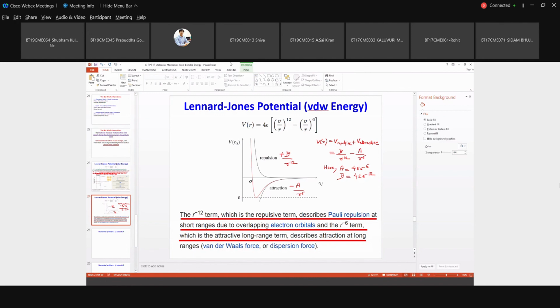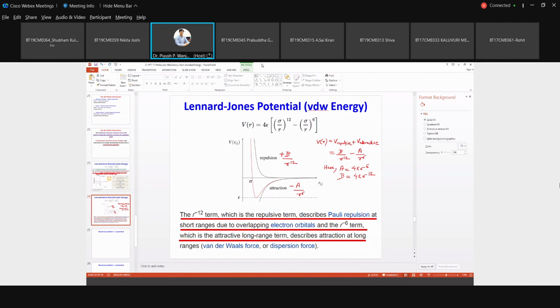Sir, I had a question regarding this template. Yes, Nikita, what is the question? It describes attraction at long ranges, but van der Waals forces are short range forces. So I didn't get what they mean by long range. Nikita, your voice is breaking in between.